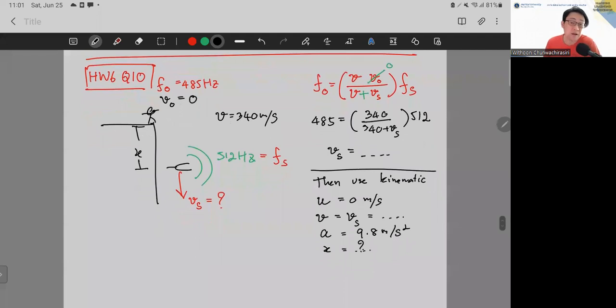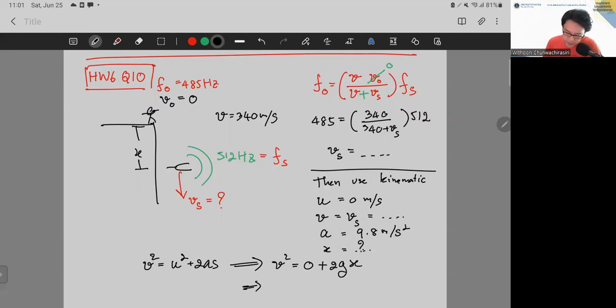So which relationship should you use? You say, well, John, I remember we can use v squared equals u squared minus 2as. That will lead you to v squared equals 0 minus, or plus in this case, because you can say down is positive, 2g times x.